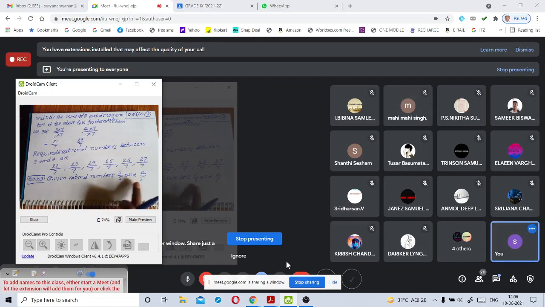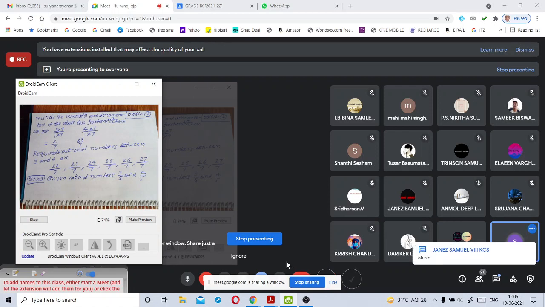Are these two fractions like fractions, my dear Sridarshan? Yes, sir. How do you say these two fractions are like fractions? Sir, denominators are same. Very good. Are you listening to the questions and answers also, my dear children? Please listen carefully. The questions I ask are useful for the problem.